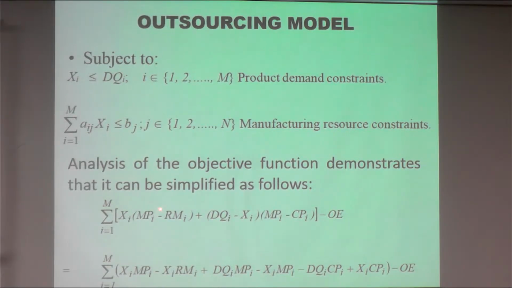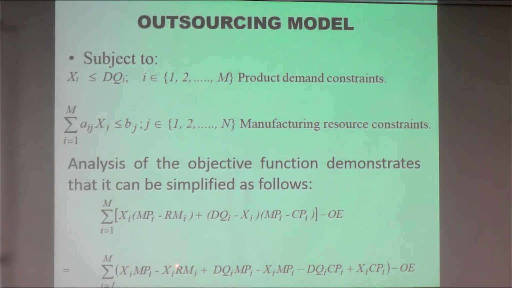Now, as I was telling, look, xi into MPI plus xi into MPI minus xi MPI minus xi MPI plus terms cancel out. What remains is xi RMI, DQI MPI, DQI CPI, xi CPI. Now xi is the variable.